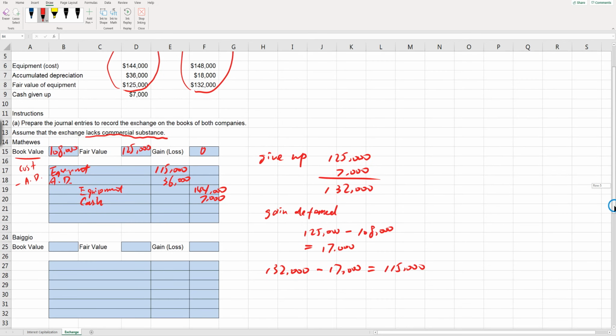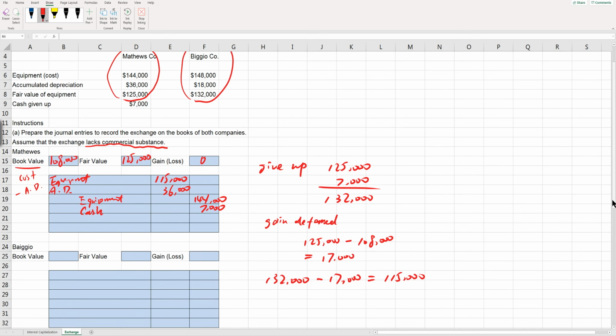Okay, if we look at the other company, the counterparty, Viego, can do the same thing. The book value and the fair value. No, this is not book value. This is the original cost, right?